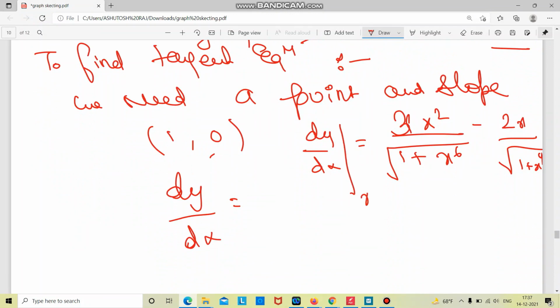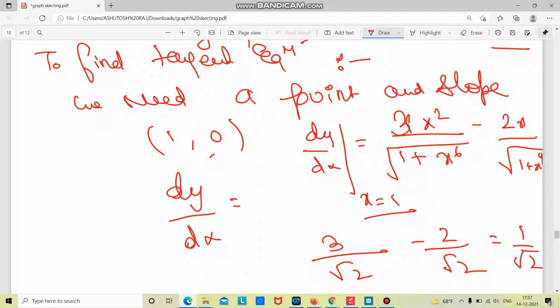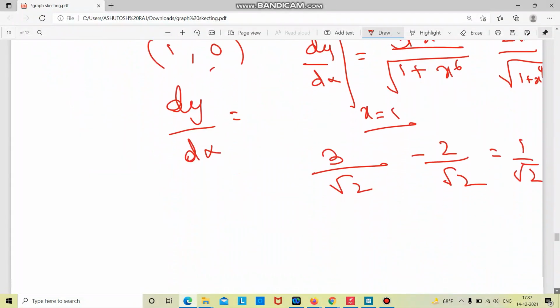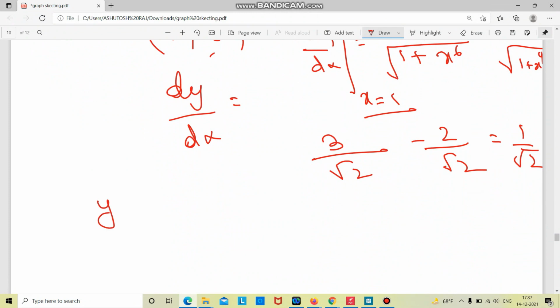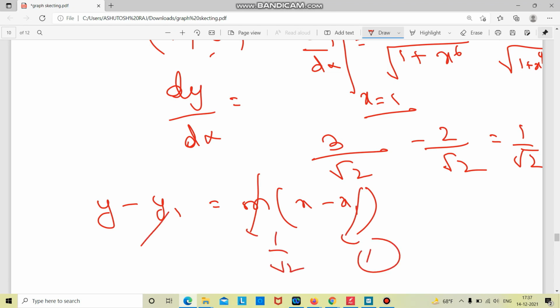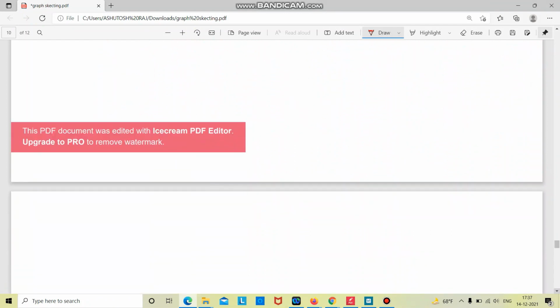Now we are calculating dy by dx at x equal to 1. We will put x equal to 1 and get 3 by root 2 minus 2 by root 2, which is 1 by root 2. So we can easily write the equation now: y minus y1 is equal to m into x minus x1. m is 1 by root 2, x1 is 1, y1 is 0. You get the equation. Very easy.